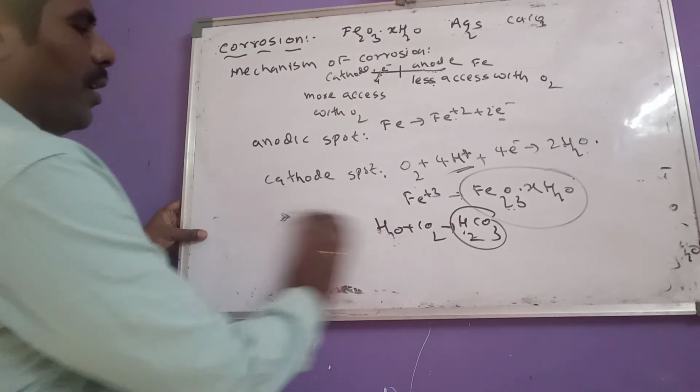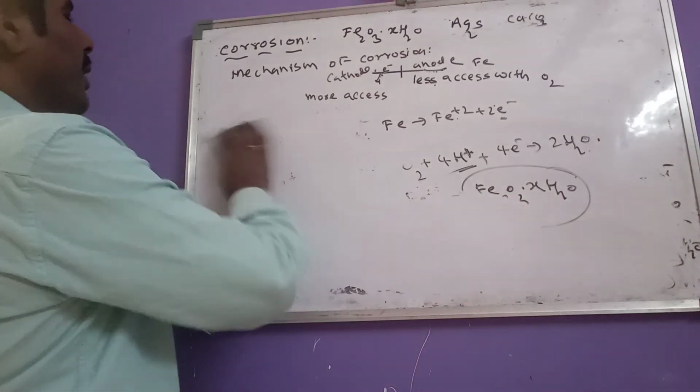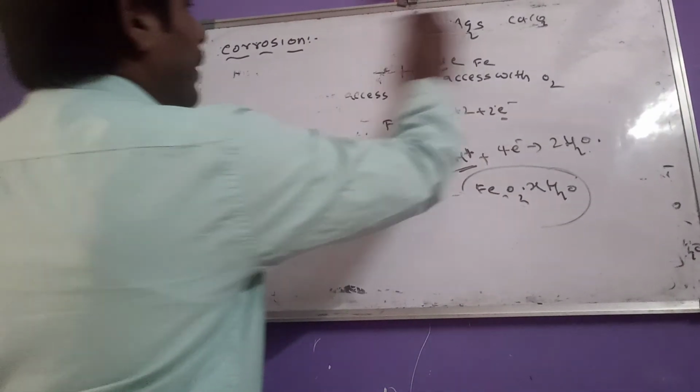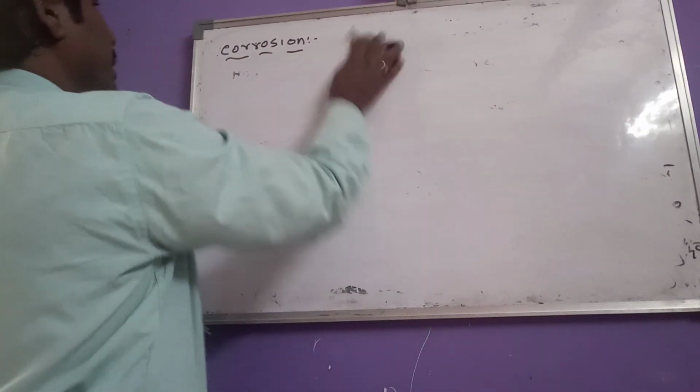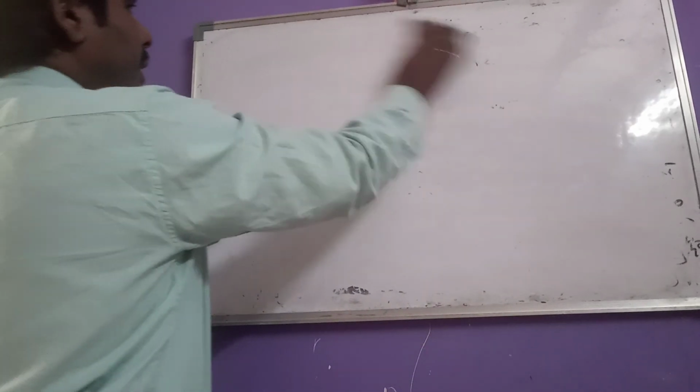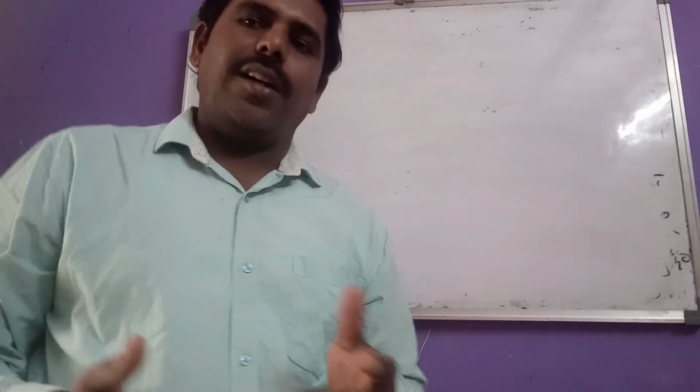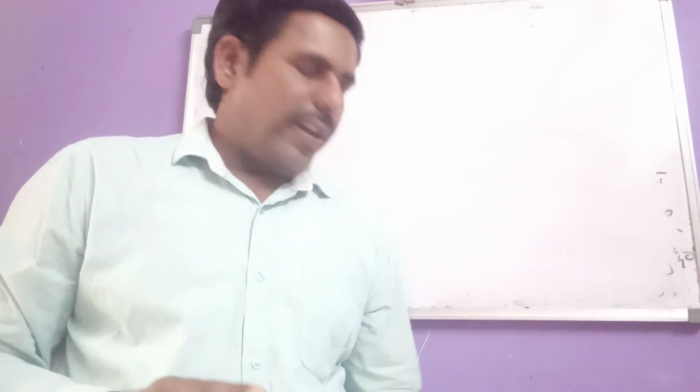Then after corrosion, the next topic is prevention of corrosion. Generally due to corrosion, so many iron vessels or bridges or iron gates undergo corrosion. Due to that, they may be broken easily. So how to prevent the corrosion?